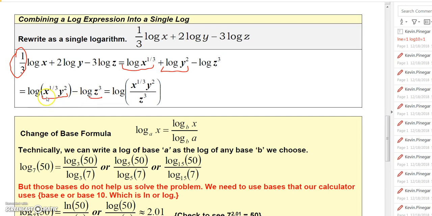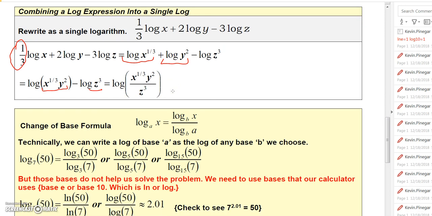So now I have log of m, where m is this product, minus log of n. And if you have log of m minus log of n, then that's the same as the log of m over n. So I just write it as the log of x to the 1/3 y squared over z cubed.